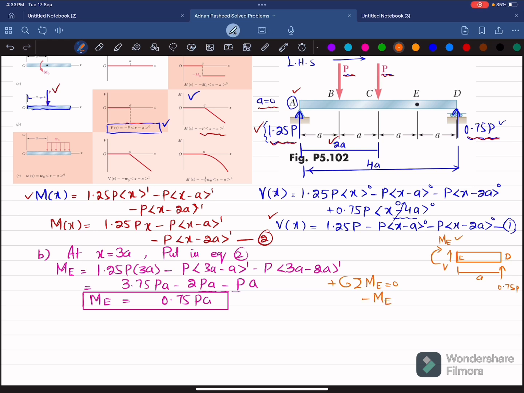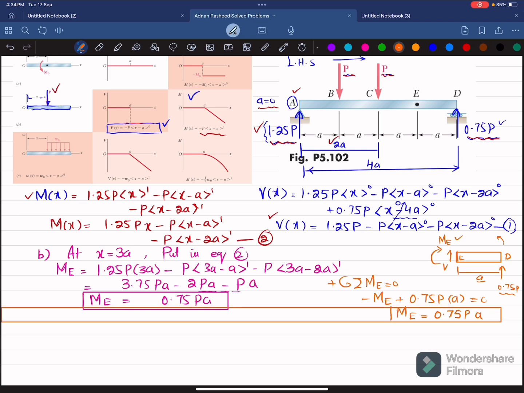Another moment is due to 0.75 P into perpendicular distance a, and this is producing counterclockwise moment, so it will be positive. So 0.75 times P into a minus M E is equal to 0. It means that the moment about point E is equal to 0.75 times Pa.